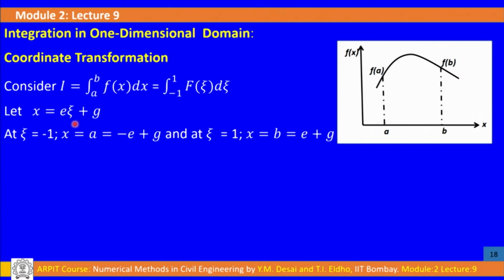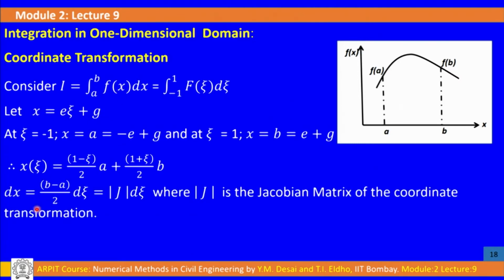We assume for x a value e xi plus g, and we know that at xi equal to minus 1, x has to be a, at xi equal to plus 1, x has to be b, and from that, using essentially a Lagrange first degree interpolating polynomial, we work out an expression for x in terms of xi, and that is what we substitute in the given equation, perform the differentiation, and we get the relation between dx and dxi in terms of determinant of matrix J times dxi, where determinant of matrix J is called the Jacobian matrix of the coordinate transformation, which for this line integration is simply b minus a by 2.